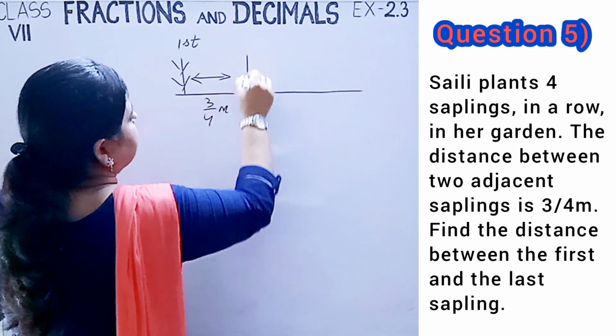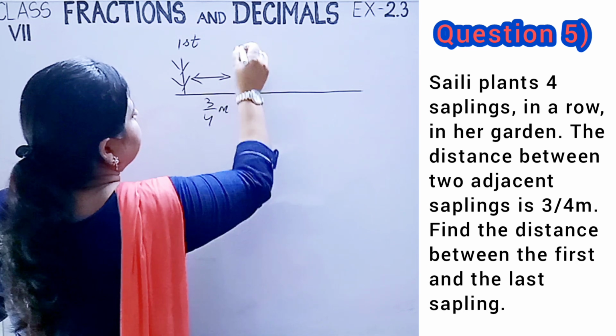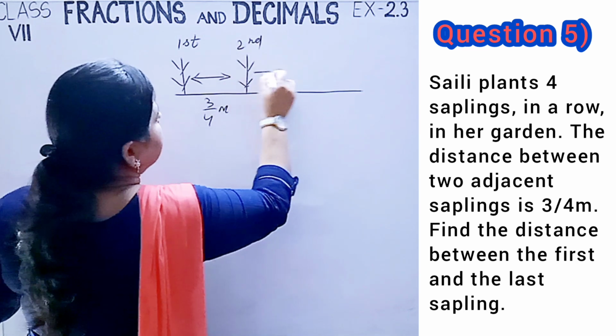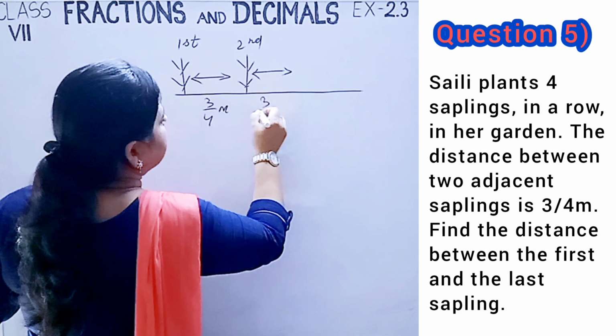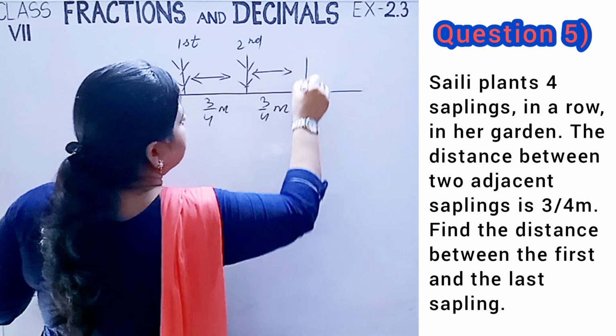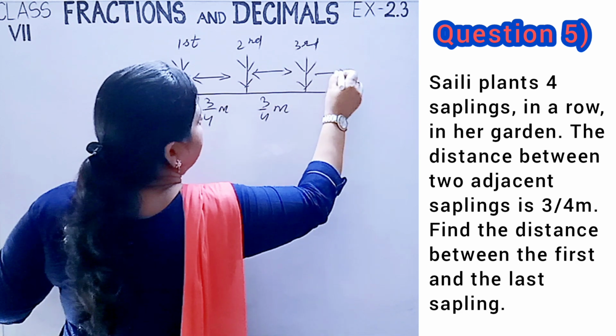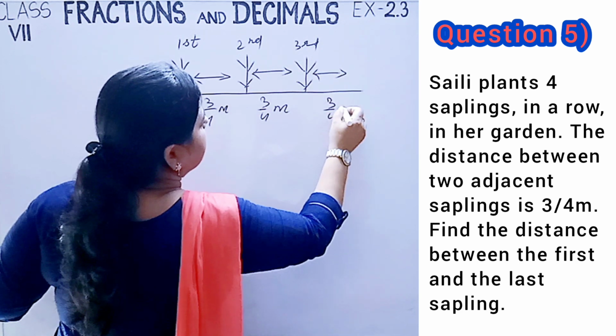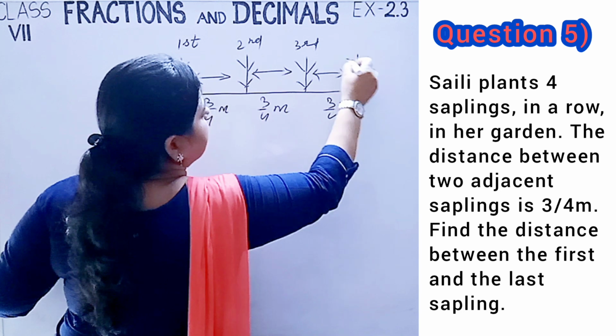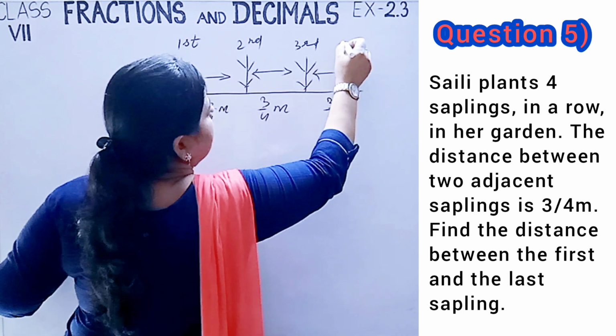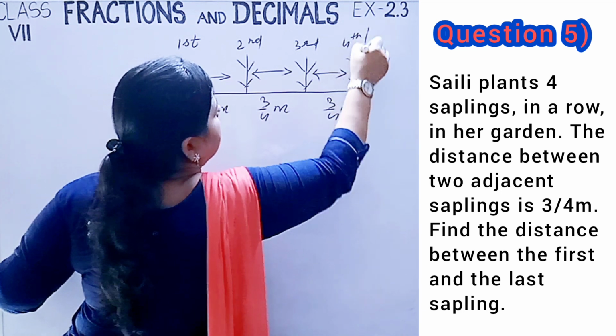Now second sapling, then again gap 3 by 4 meter. Third sapling, gap of 3 by 4 meter. And this is the last one. So this is the fourth or last sapling.